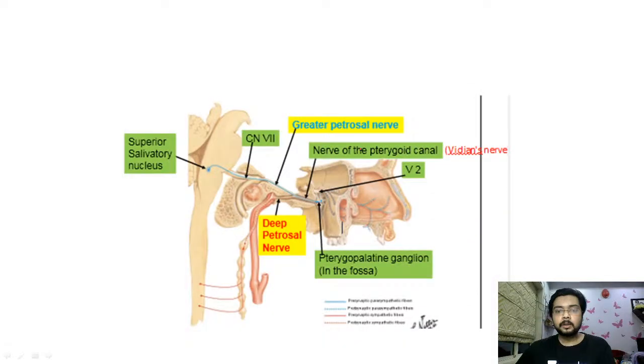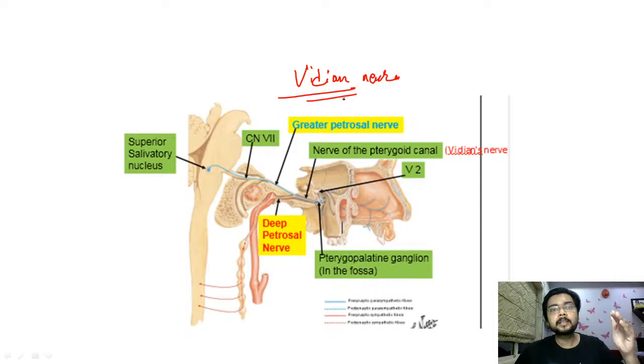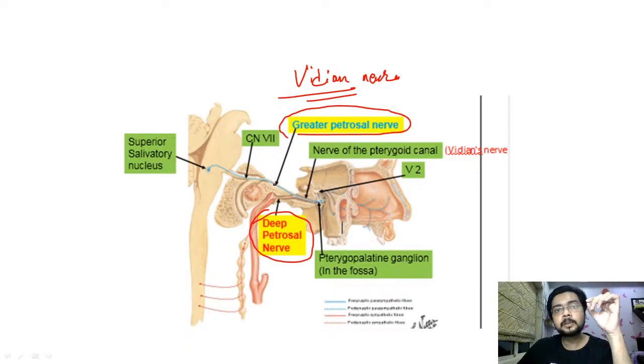Okay, another option was Vidian neurectomy. So you all know that the Vidian nerve is basically a combination of the greater petrosal nerve and the deep petrosal nerve. Both of these join to form the Vidian nerve, which is also called the nerve of the pterygoid canal. So why is this nerve important?